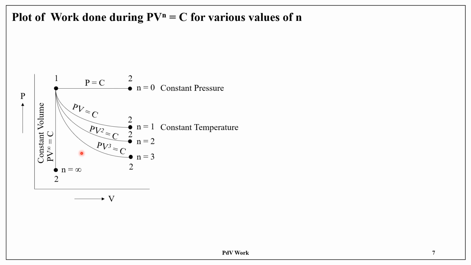Now, this discussion is represented here. Constant pressure, constant temperature, and constant volume. And where this reversible adiabatic process lies, it depends on the value of gamma. Remember, for a reversible adiabatic process, PV^gamma equal to constant. The value of gamma for air is 1.4.